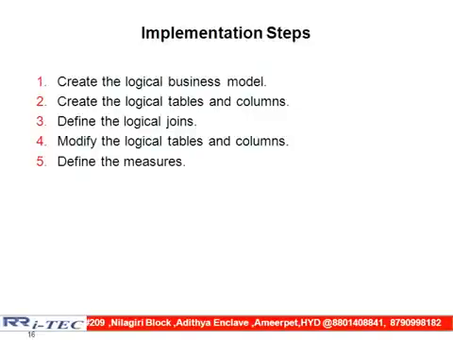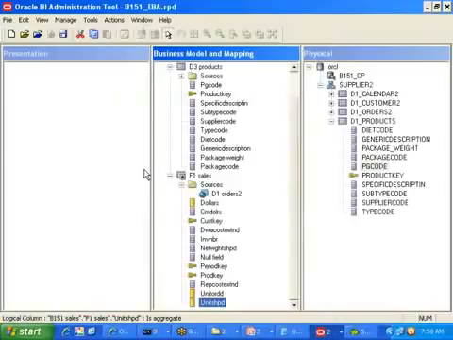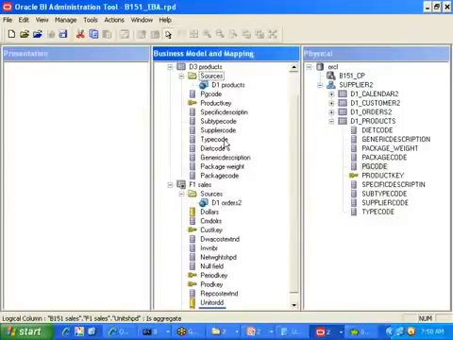Next one, a business model contains a number of logical tables. A logical table is mapped with a physical table, and one logical table may contain n number of physical tables also. What does it mean? One logical table may map to n number of physical tables. What that means is, if I say this is my product, sir.